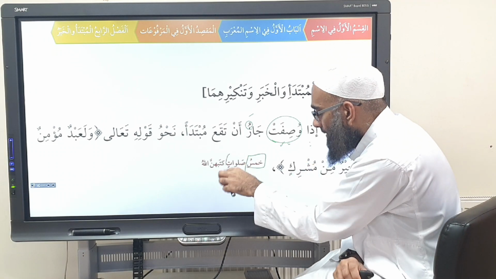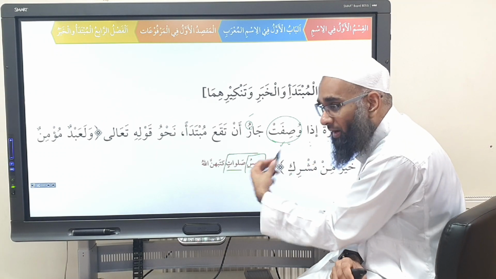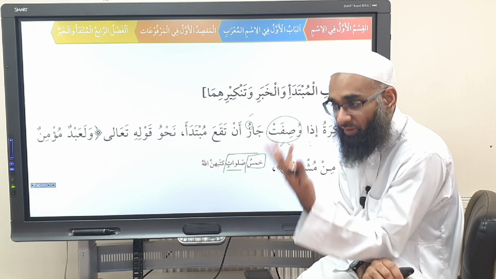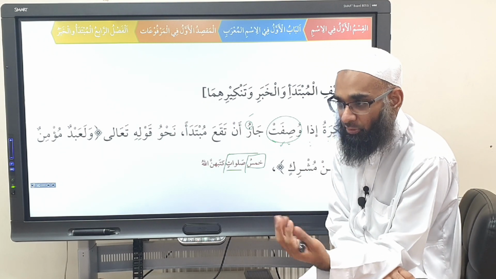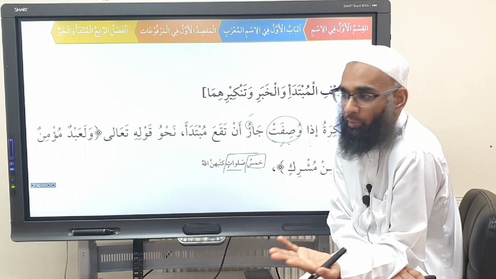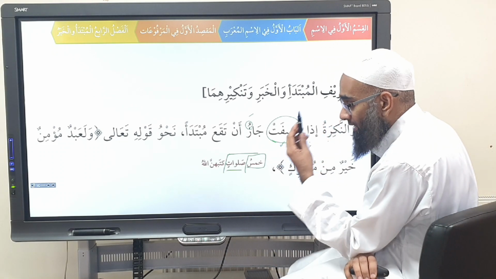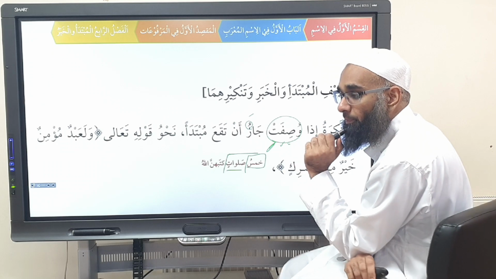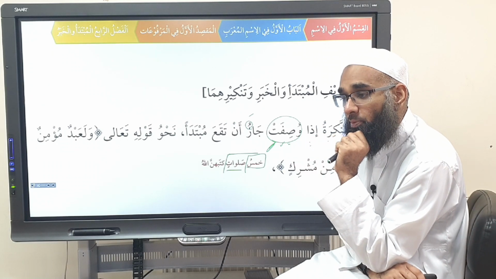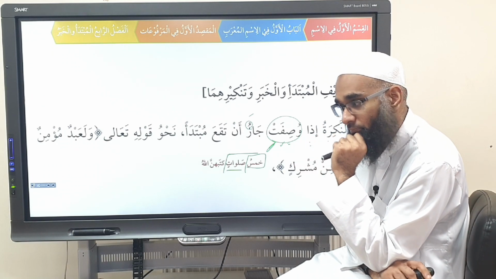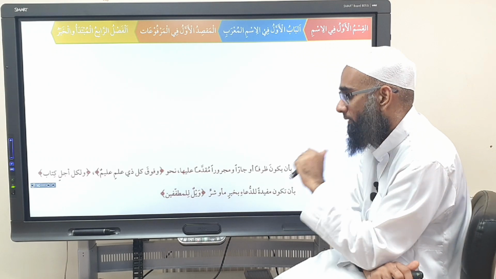So this is mubtada, but why? Even though it's nakira, it's wusifat. It has some kind of benefit. It's not like a salawatun. If it says salawatun katabahunna Allah, it's like, which salawat? What are we talking about? But khamsu salawat, Allah has prescribed five salah. So when the nakira word has some kind of adjective to it, it can become what? Mubtada. Are you following? Okay.